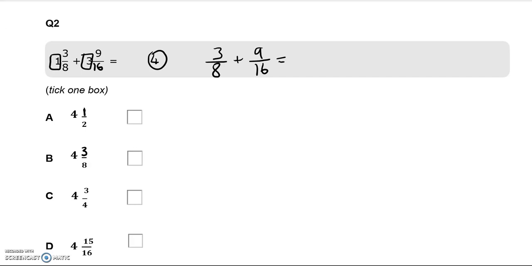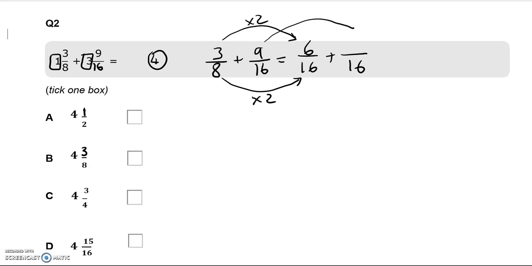We'll give these a common denominator, which happens to be 16, because 8 fits into 16 as well. So to get from 8 to 16, we multiply by 2. We'll do the same with the numerator. So that becomes a 6.